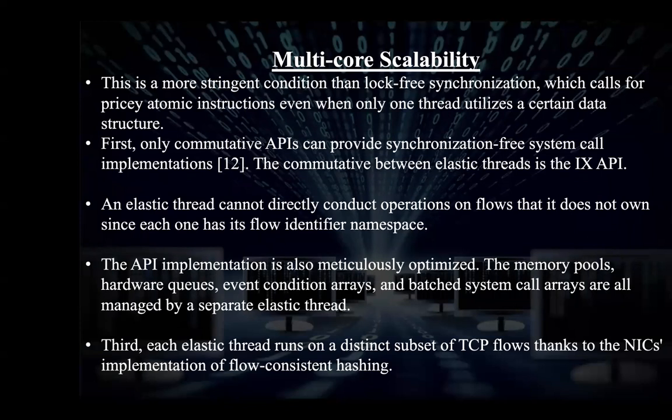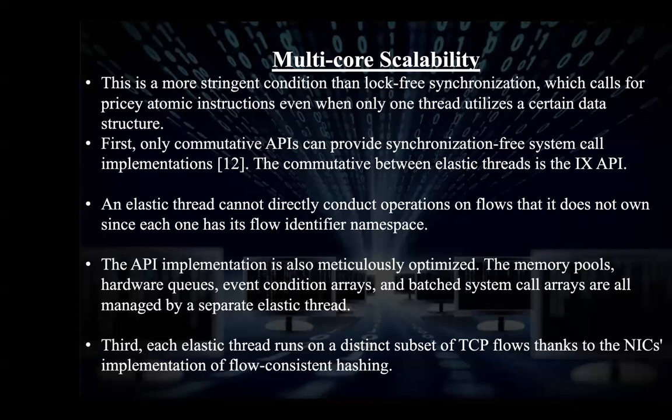The commutativity between elastic threads in the API. An elastic thread cannot directly conduct operations on flows that it does not own since each one has its flow identifier namespace. The API implementation is also meticulously optimized.